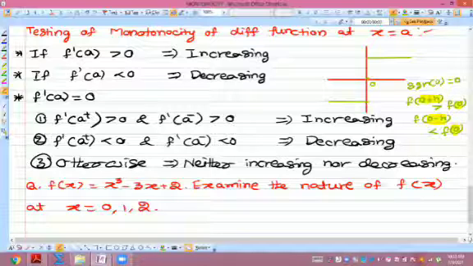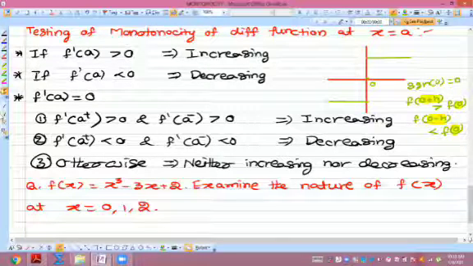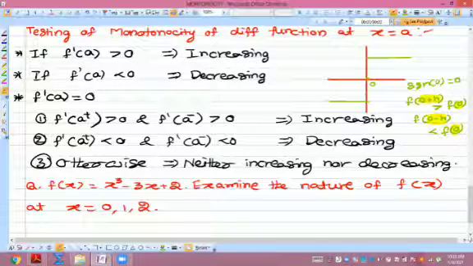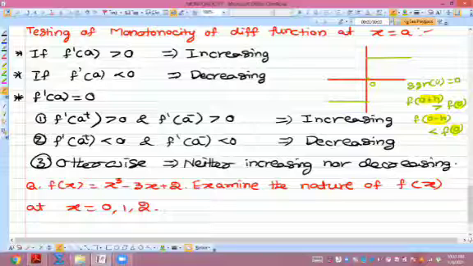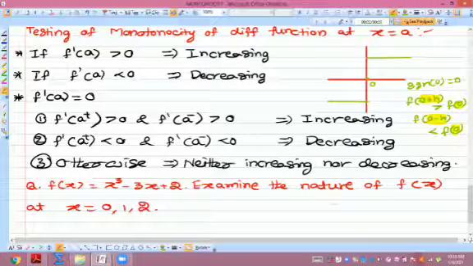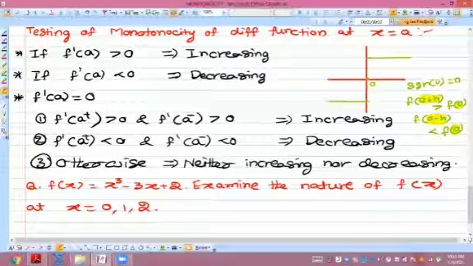Only at 0 it is increasing, but after 0 it's constant. For example, signum x is mod x by x, so that is coming as a constant function. That is the issue.